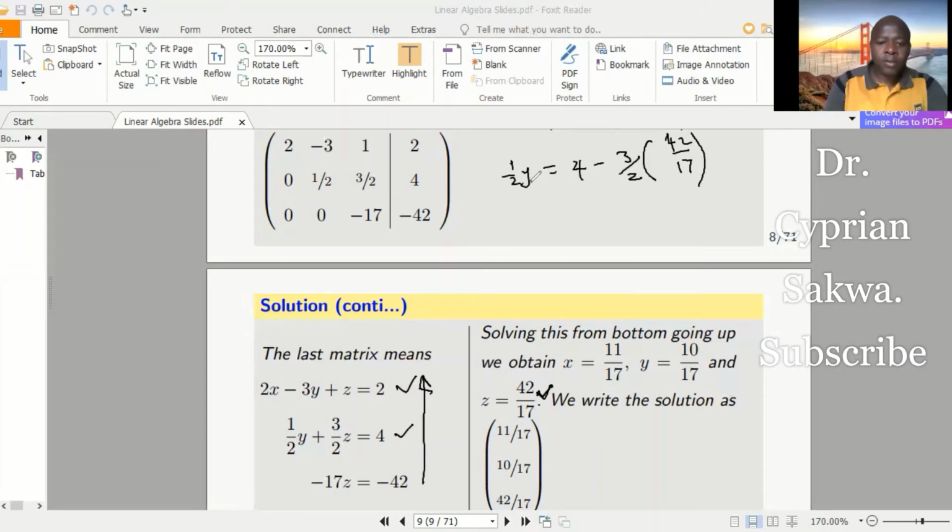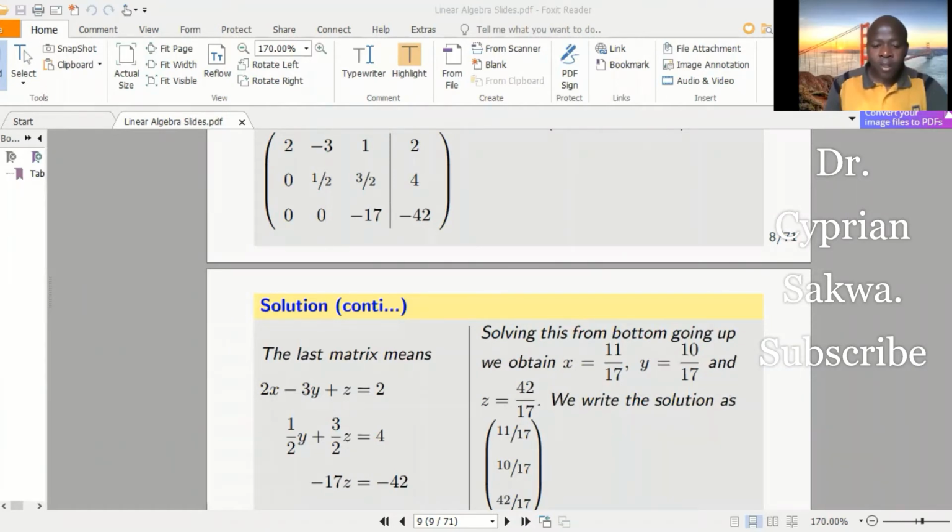So doing this gives us y as 10 over 17. And then you proceed to this first equation, make x the subject, and substitute in the value of y and the value of z, and you get x to be 11 over 17. So we've solved that system that was given to us.